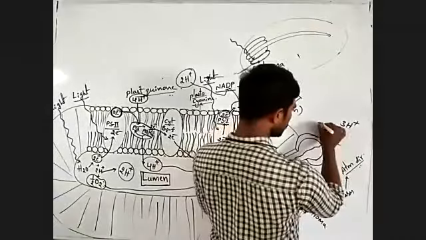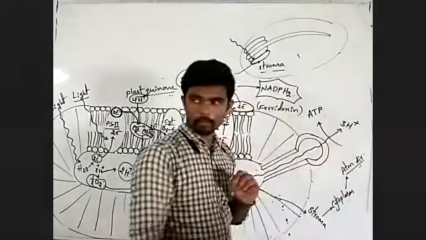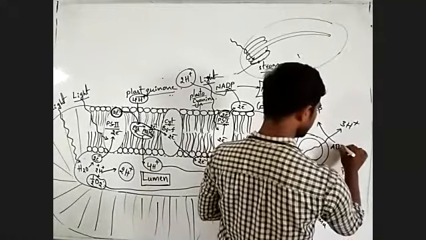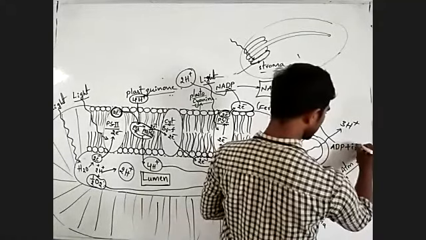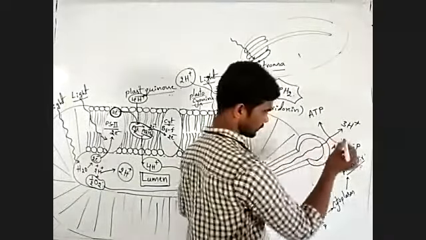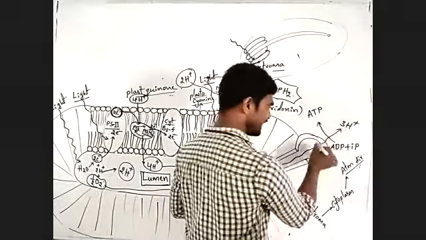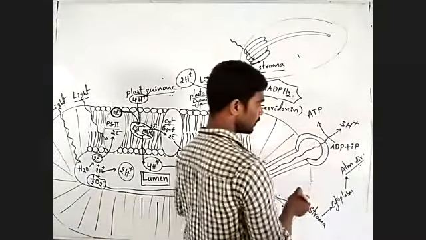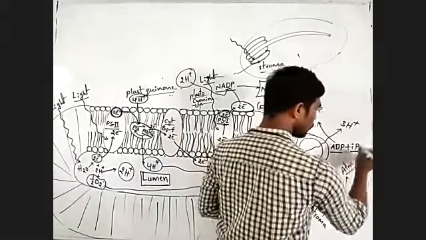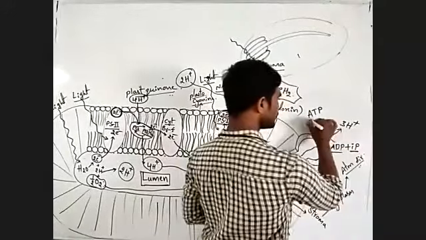here one ATP molecule is formed from ADP plus inorganic phosphate. Because of movement of the protons, some energy is generated here. Because of that energy, ADP and one phosphate are combined and form ATP.